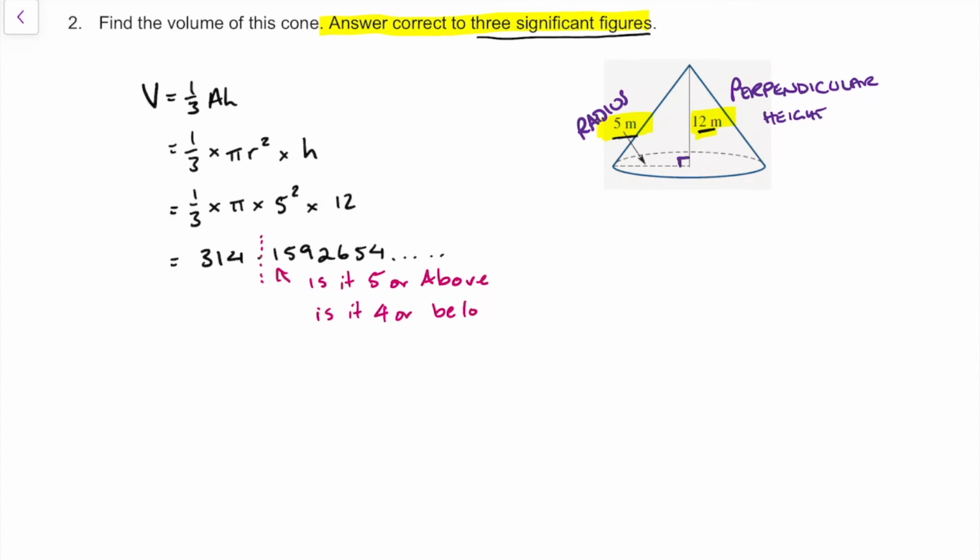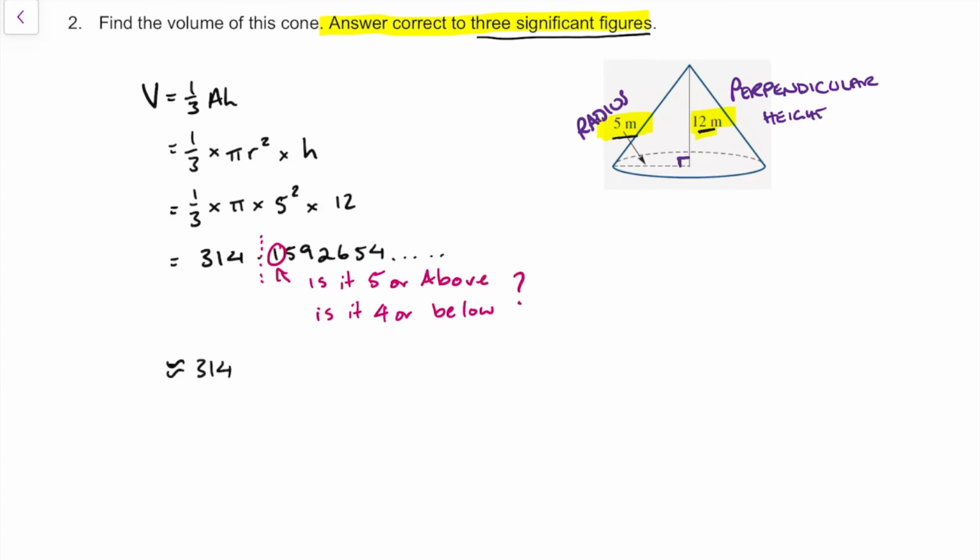Now, remembering that these 2 numbers are inclusive, so 5 is included in the above, 4 is included in below. That's just a 1, that's 4 or below, it fits into that category, so it's just going to be 314. So remembering to use our approximately equal to symbol, our squiggly equals lines, because we are rounding off.